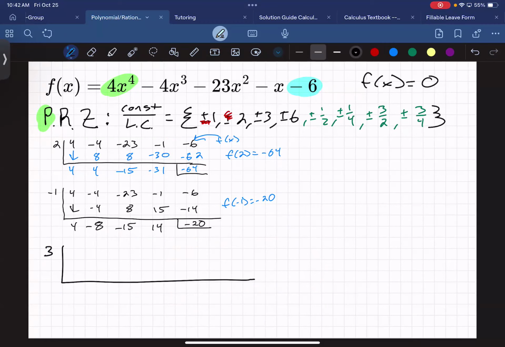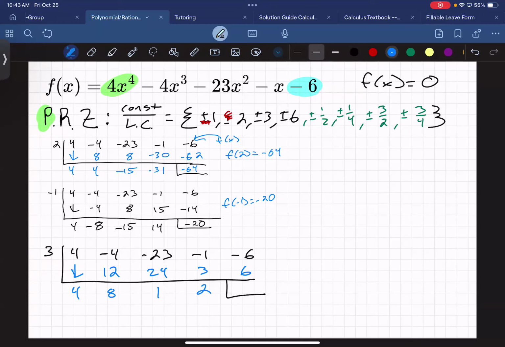Let's see what happens with the 3. One thing I'm looking at though as I do this is that -23. What are we going to do to get that -23 a little bit smaller, right? Because we've got to deal with that 6. So that's one thing we want to keep an eye on. So I'm liking what we have here. All right, 4 becomes 12, 8, 24, which is 1, which is 3, which is 2, and there we go.